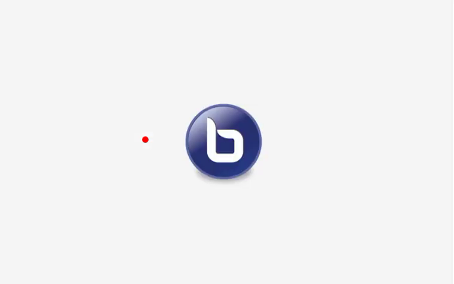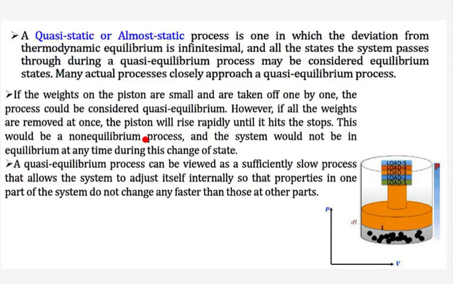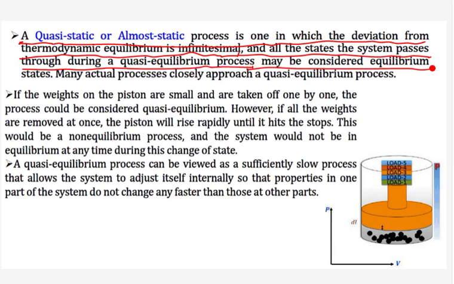Then next we'll go to our quasi-static process. So what is this? The deviation from thermodynamic equilibrium is very small, and all the states the system passes through during a quasi-equilibrium process may be considered equilibrium states.